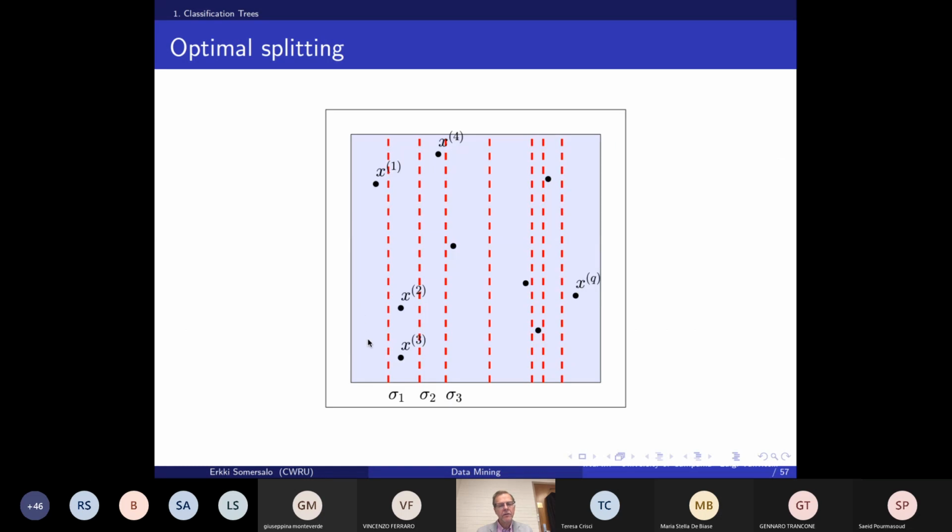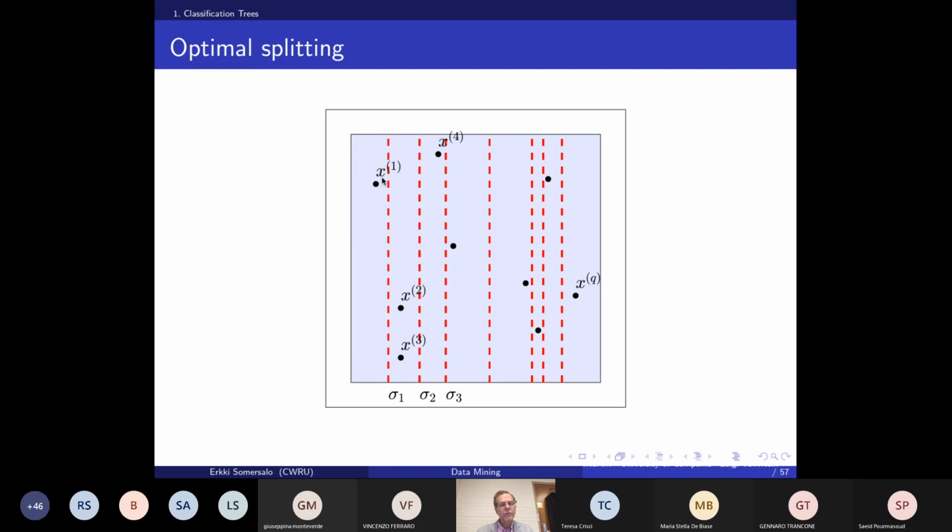So here is a picture. I have plotted here a two-dimensional rectangle where I have points x1, x2, etc. And what I have done here, I have chosen one attribute, which is in this case the first component, and then I am sorting my data so that when you project these data points to the first attribute axis, the x's are in increasing order.